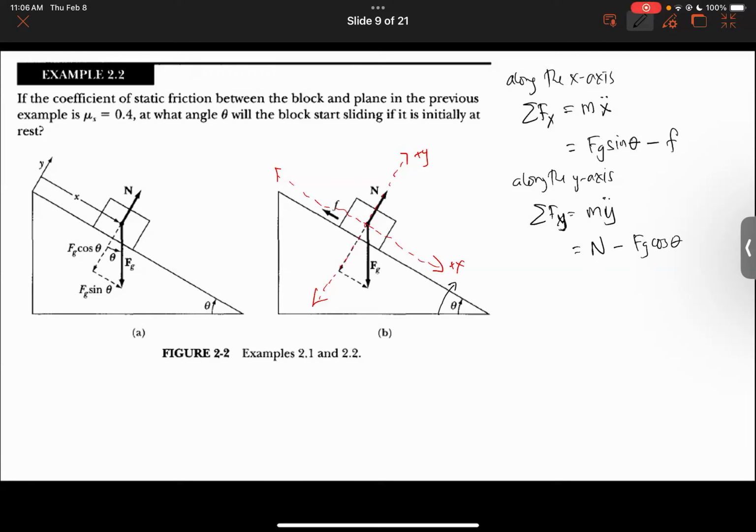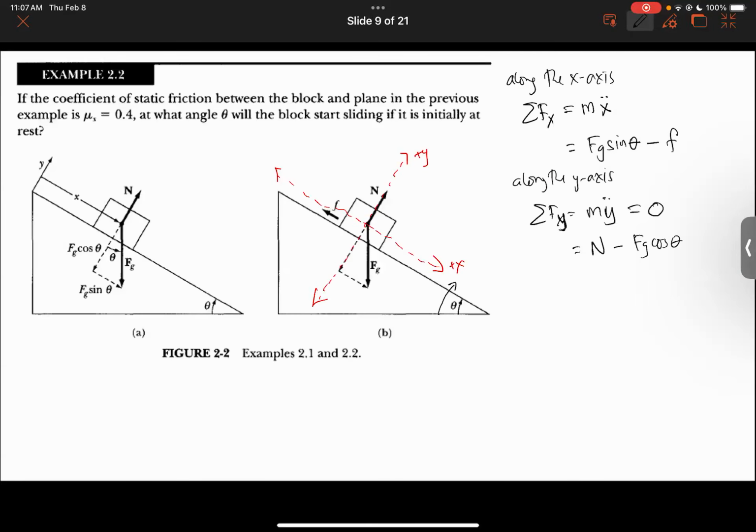Okay, and along the y-axis, itong acceleration na ito ay 0, since hindi naman gumagalaw yung block up and down. So walang motion in that direction.